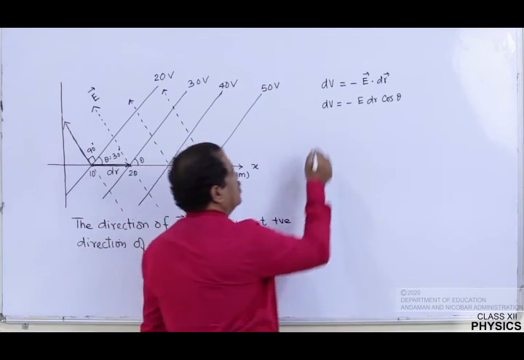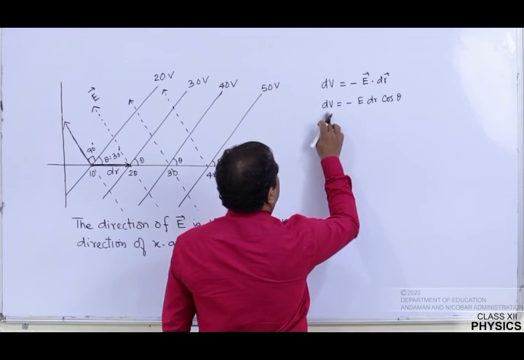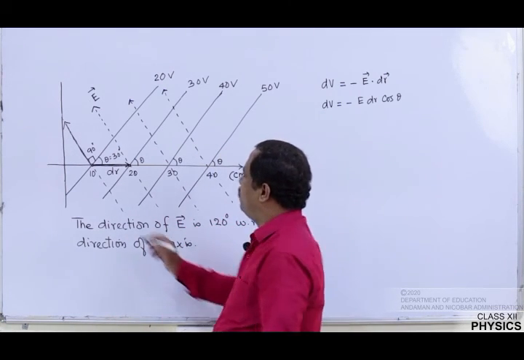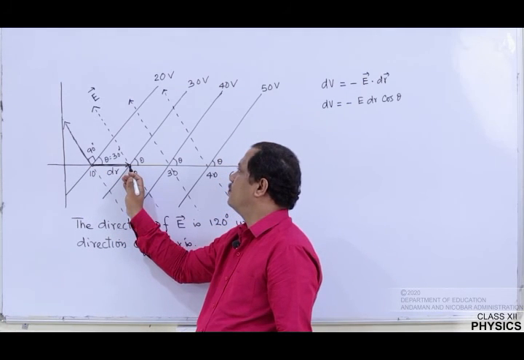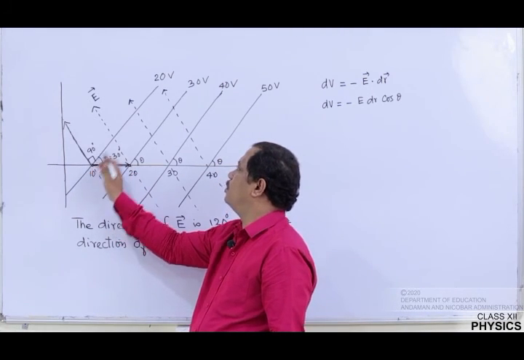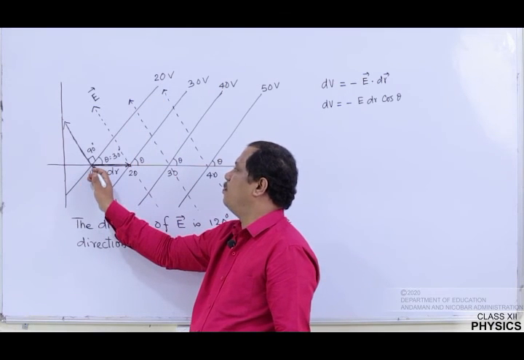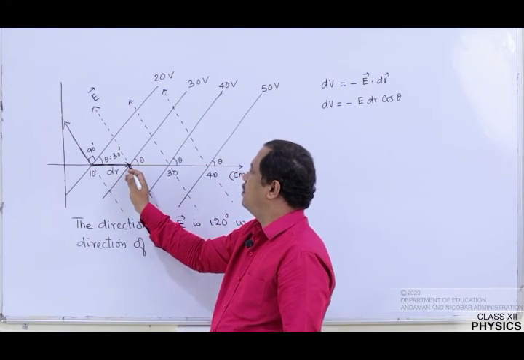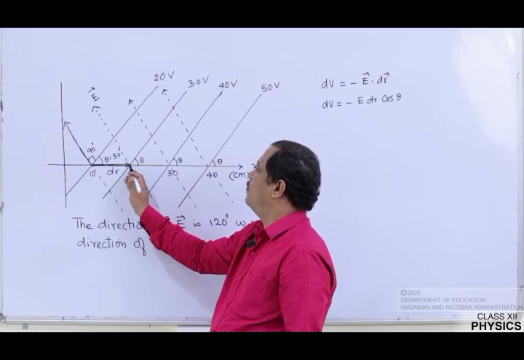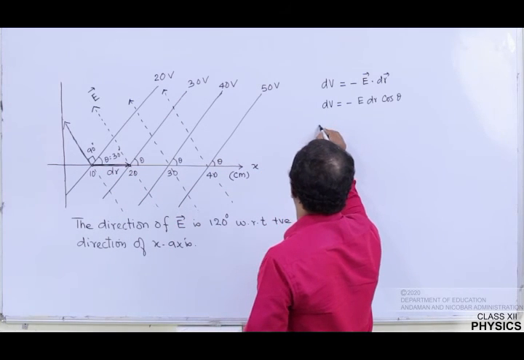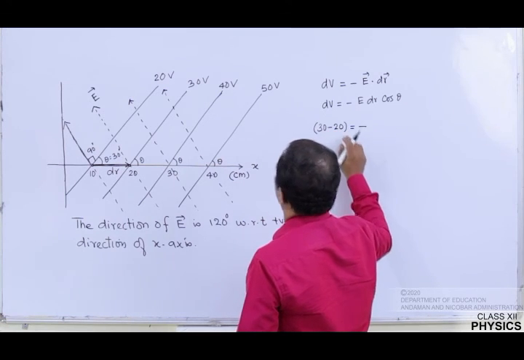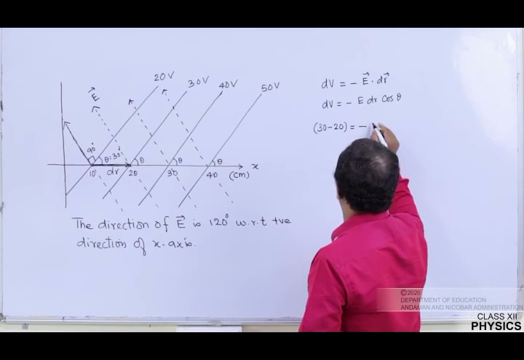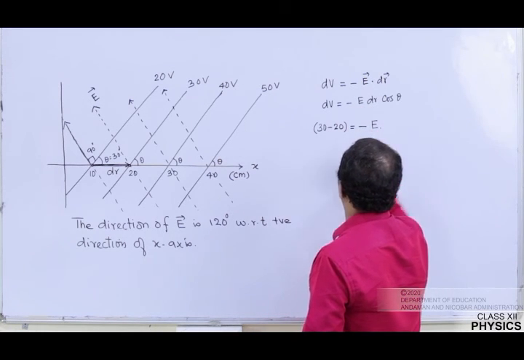So I write dV, the potential difference, when I move from this initial point to this final point. This point lies along the equipotential surface of 20 volt, and this point lies along 30 volt. So 30 minus 20 is my dV, which is equal to minus E, keeping E as such.